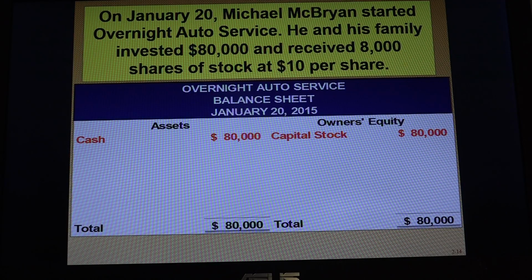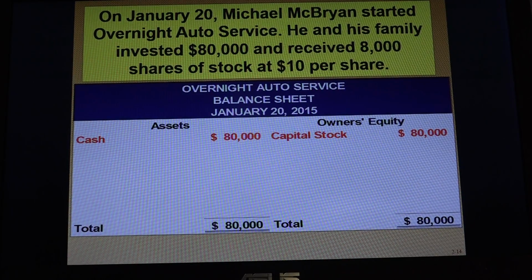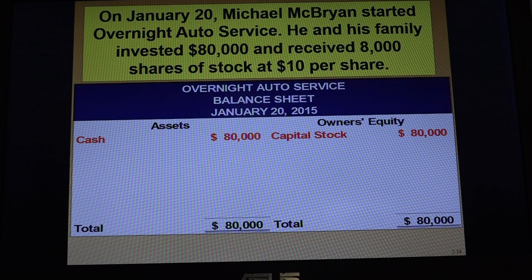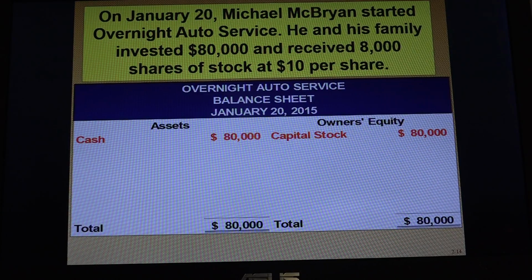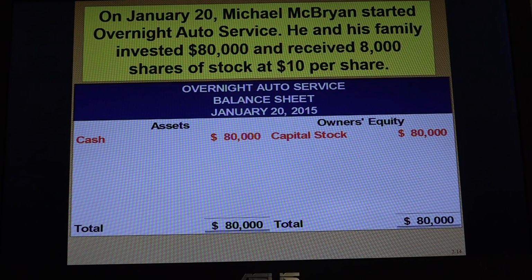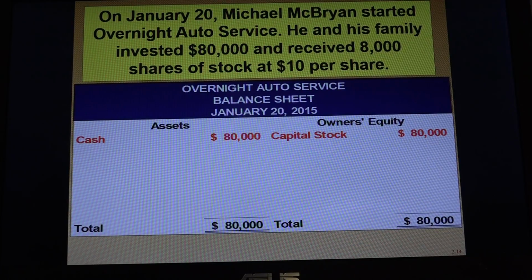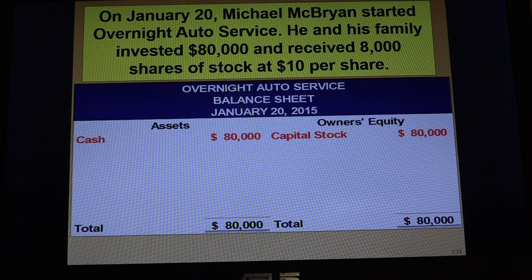Liquidity means the ease to which something can be turned to cash. Okay? Certain assets can be converted to cash much easier than other things, right? Cash can be converted to cash easily.